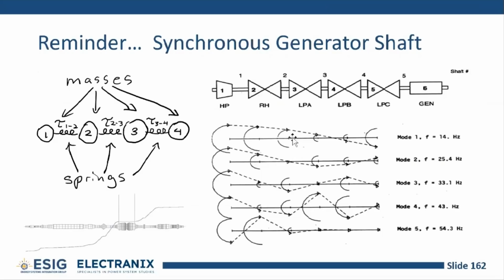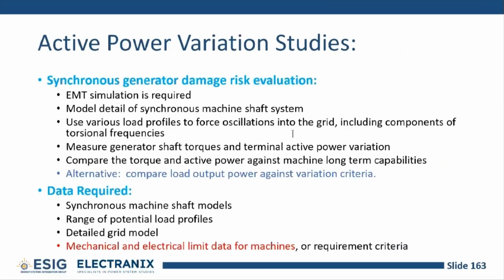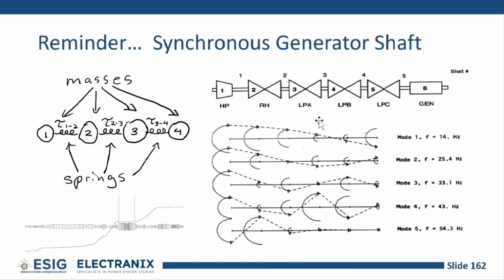So what? If we have a load that is now going to sit there and force the power system at a torsional mode, there's a quantifiable amount of amplification that will happen in that shaft system.